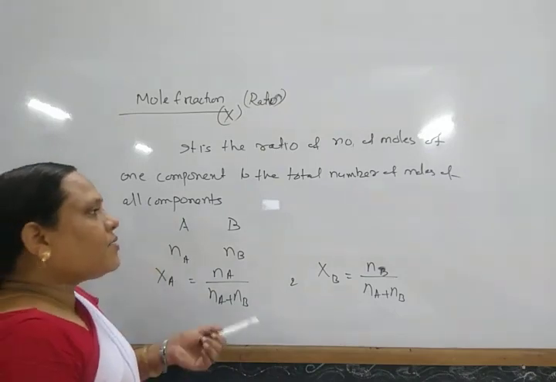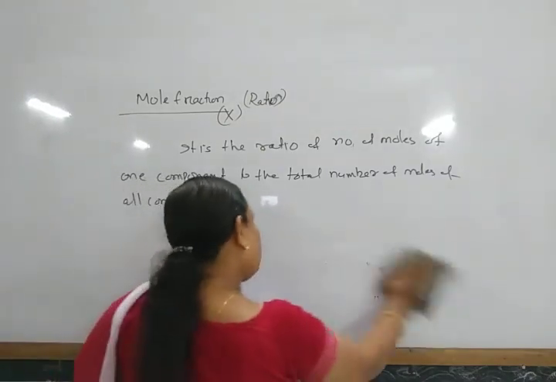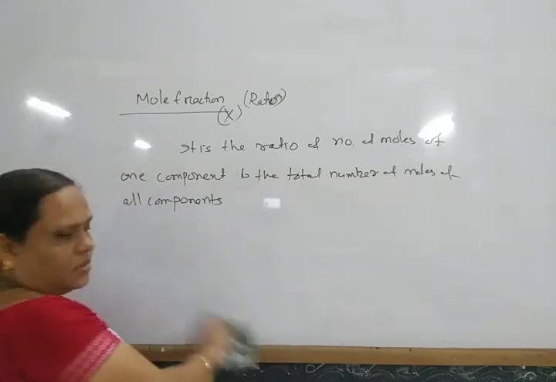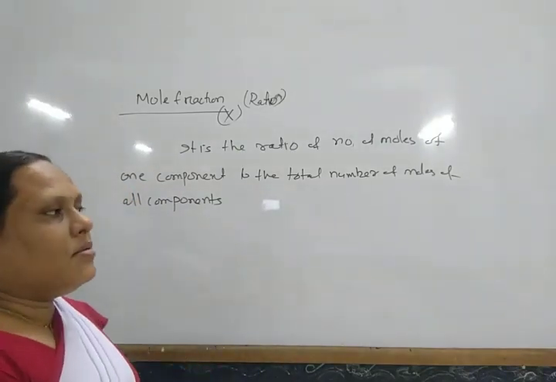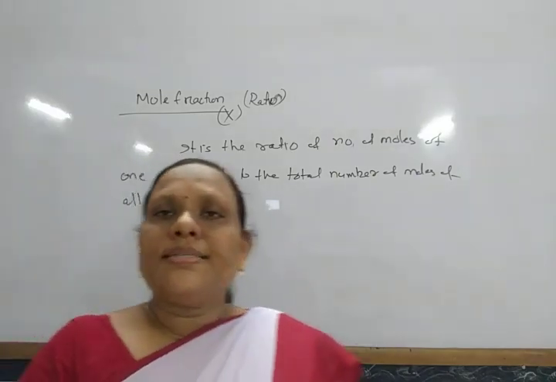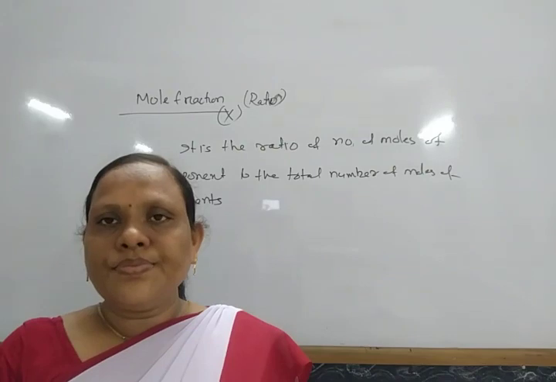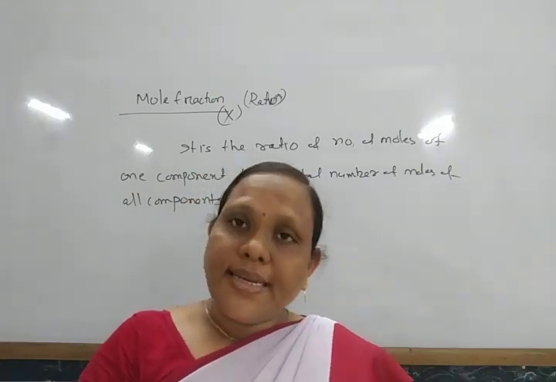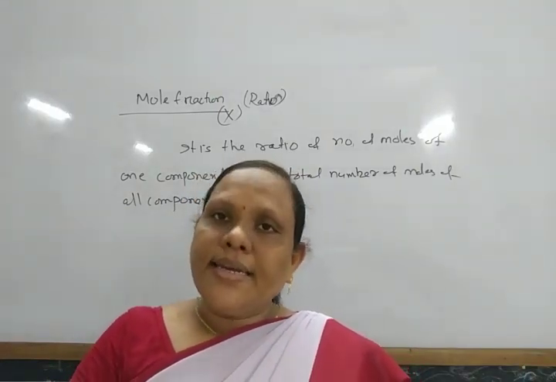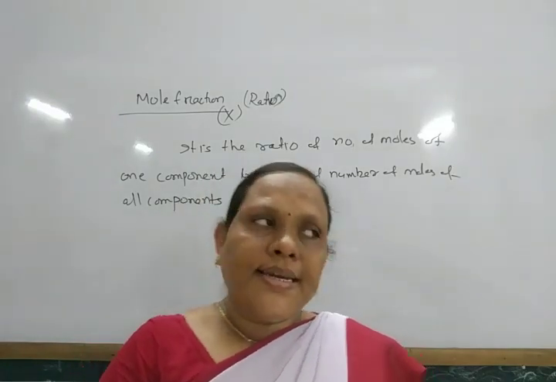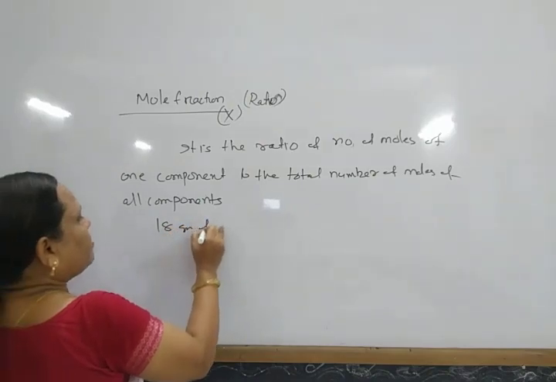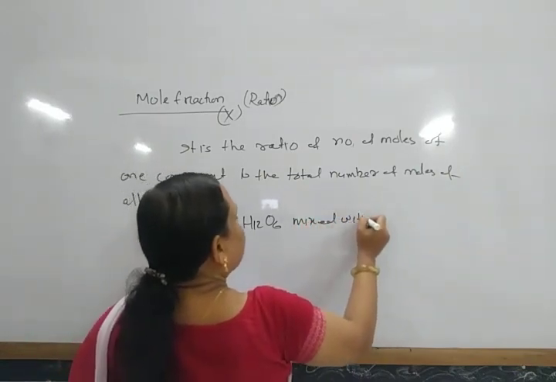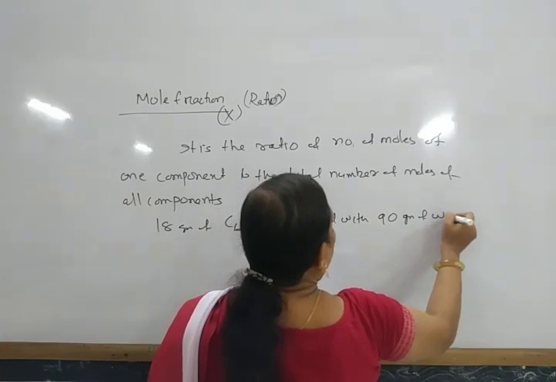Let us look at an example. Suppose the question is that 18 gram of glucose is mixed with 90 gram of water.